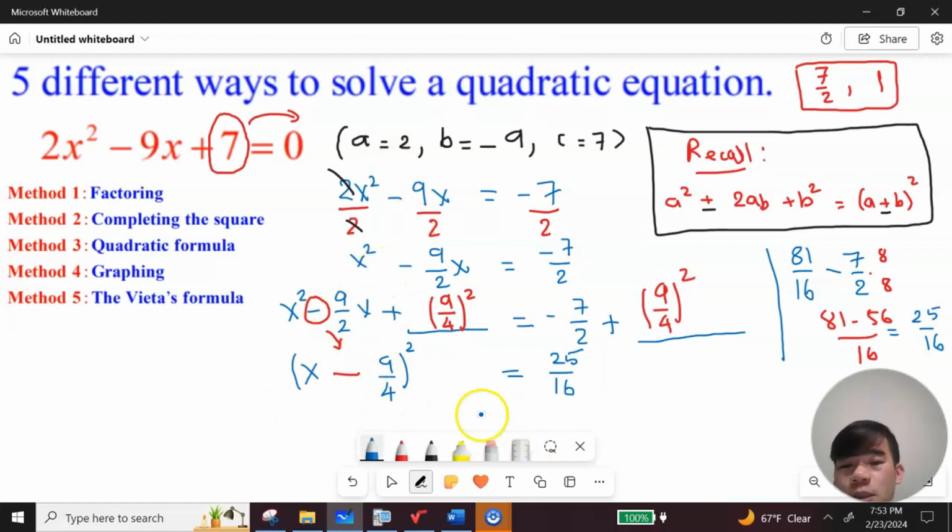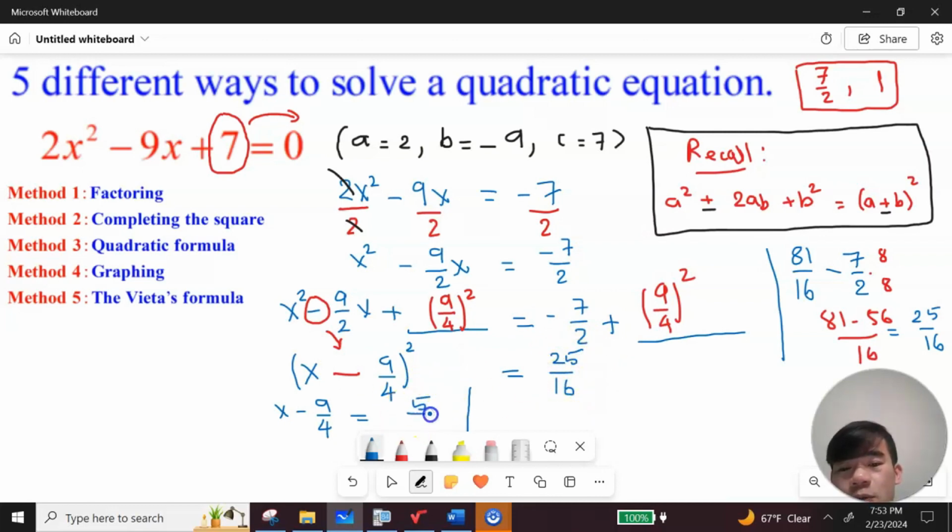Now at this time we just split this notebook in half, right? The left hand side should be s minus 9 over 4. Remove the square. On the right hand side you need to take the square root. Square root of 25 equals 5.